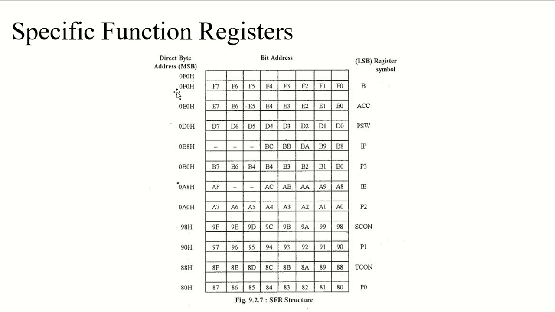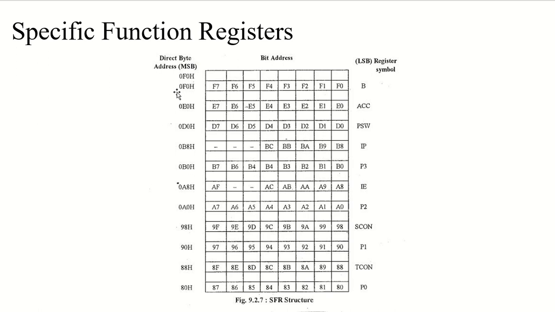These are referred to in opcodes by their addresses such as E0H, 87H, 90H, A0H, 80H. Based on that, we number or name them. So these are my special function registers.